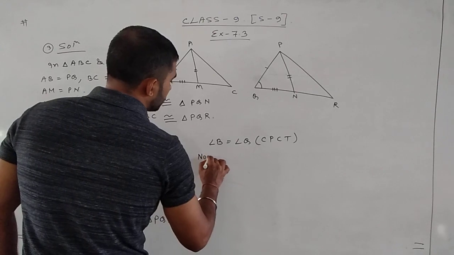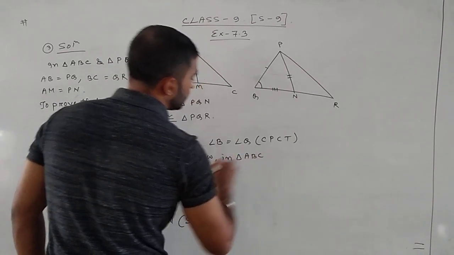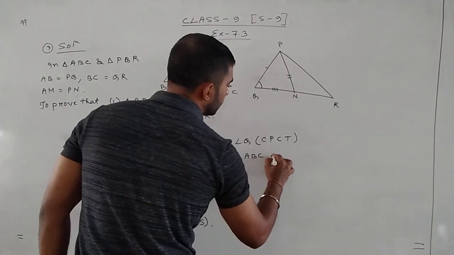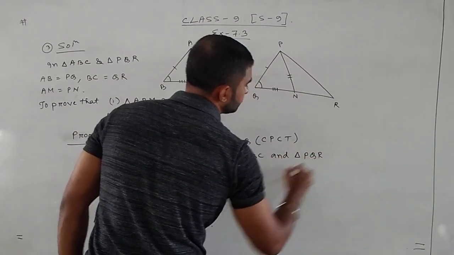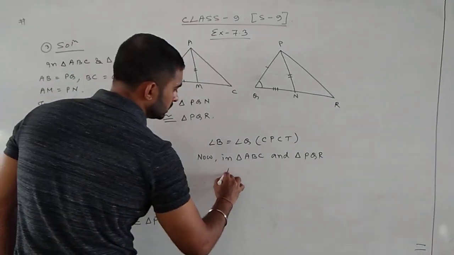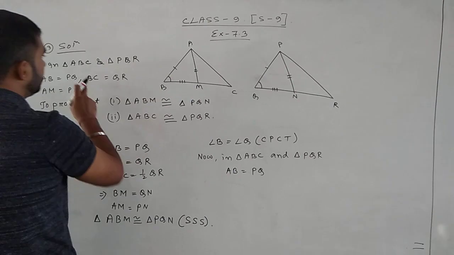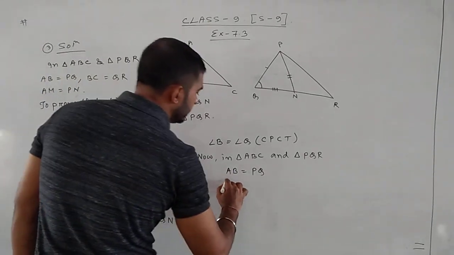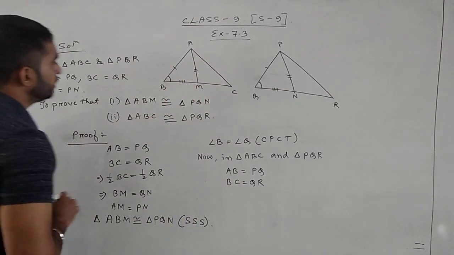Now, in triangle ABC and triangle PQR, AB equal PQ, which is given, then BC equal QR, which is also given.